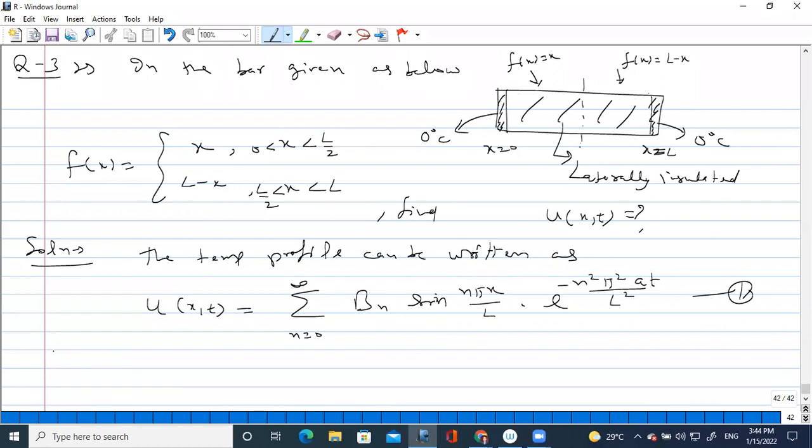So here f(x) we can write as, if I take the formula, summation n equal to 1 to infinity b_n sin(n pi x by L).